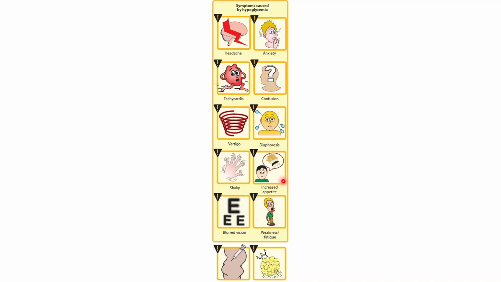That is why patients with type 1 diabetes mellitus are usually overweight, with a high BMI, and also blurred vision, weakness and fatigue. So these are the symptoms of hypoglycemia.